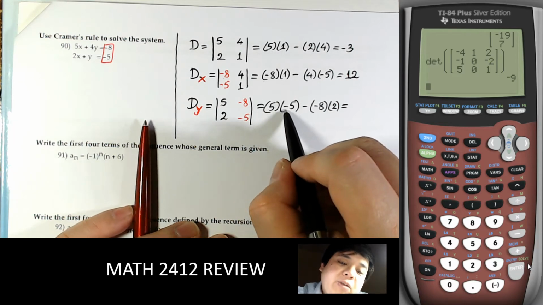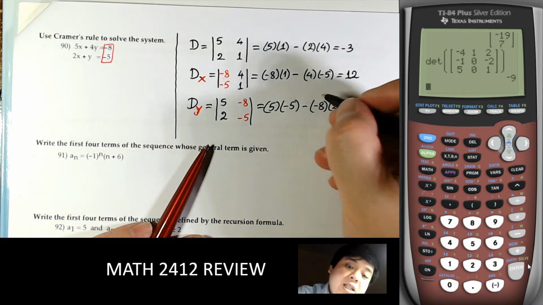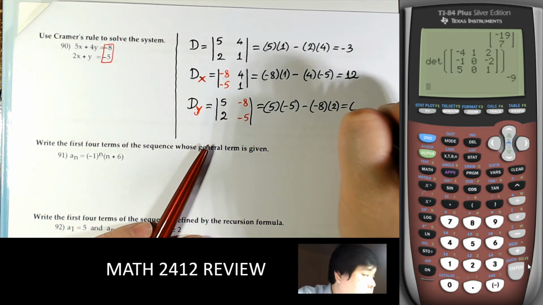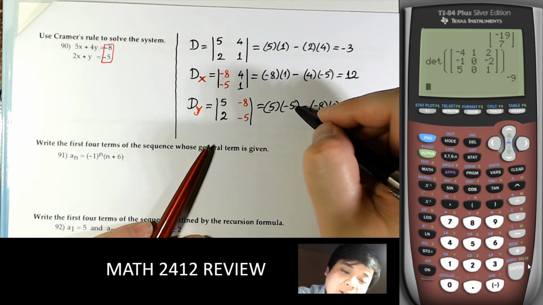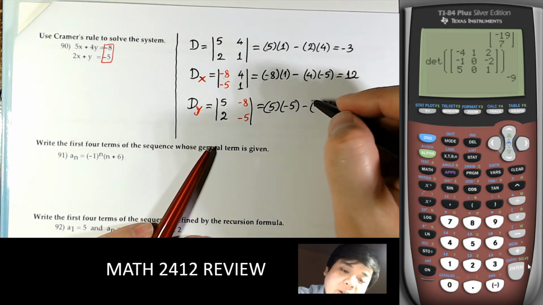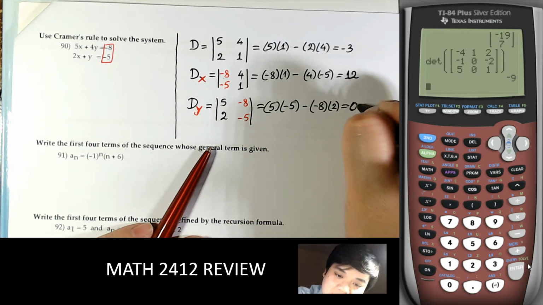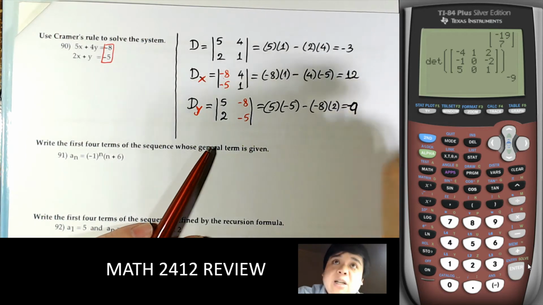Right, 5 times -5, that's -25, sorry. -25 plus 16, that's -9.